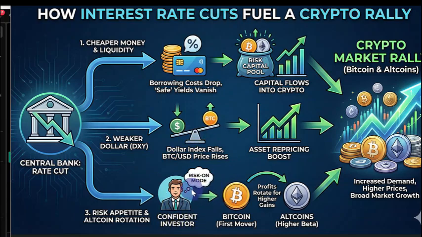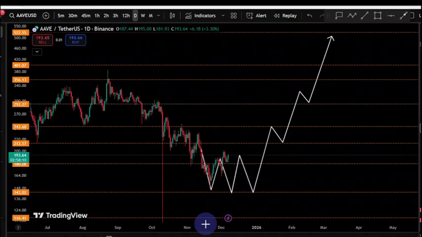That means we have the brakes off, right? So basically, all that liquidity usually comes right back to the crypto market, and you usually see a massive upside in the crypto market for both Bitcoin and altcoins. So this is what we're expecting in 2026. A lot more money is coming into the market, and then we could see a huge upside.